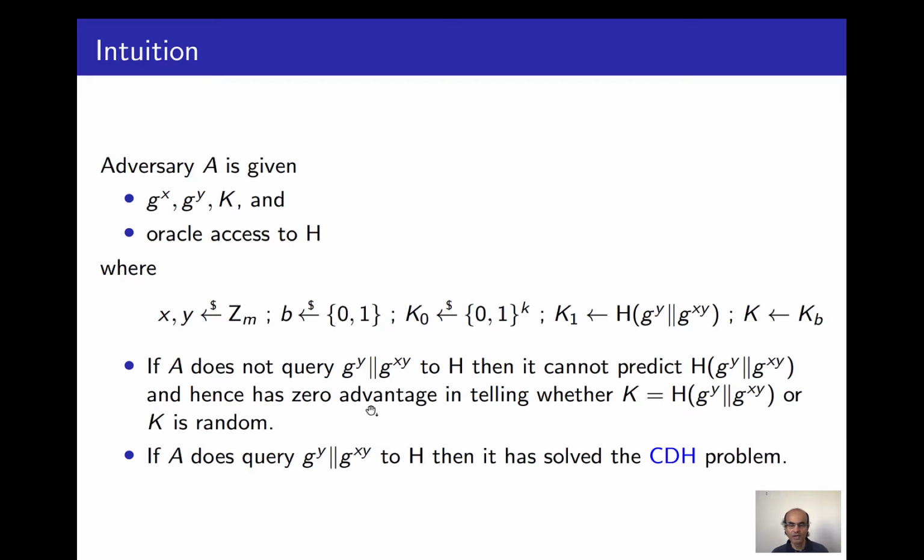It has no ability to tell better than a random guess whether the challenge key k it was given was actually equal to H on those inputs or just random. And that's by the nature of a random oracle, where as long as a query hasn't been made, the output is in fact random from the point of view of the adversary. On the other hand, suppose A does make the query, then we will use that as a way to solve the computational Diffie-Hellman problem.